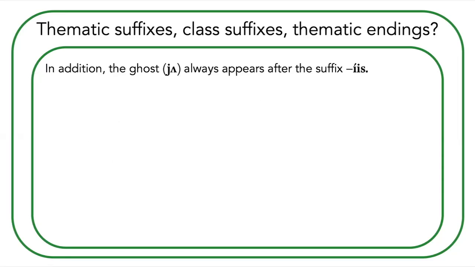In addition to this, if they form classes, we would expect segments to appear in more than one instance. But for example, the ghost segment ya only appears after the suffix is. It never appears in any other plural noun. So it's hardly a class.